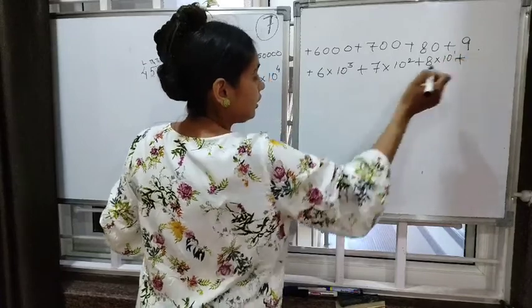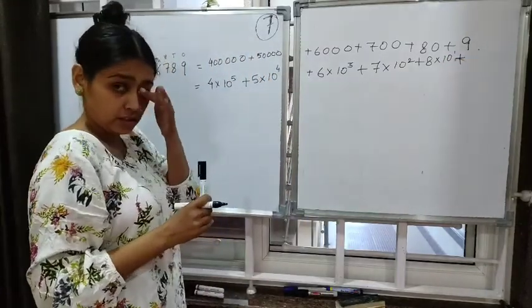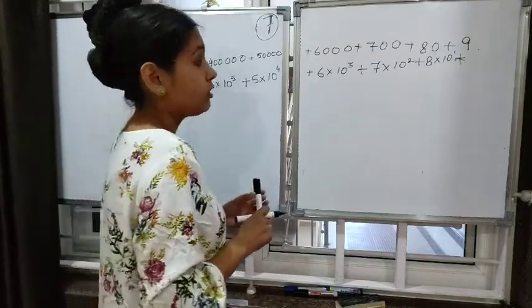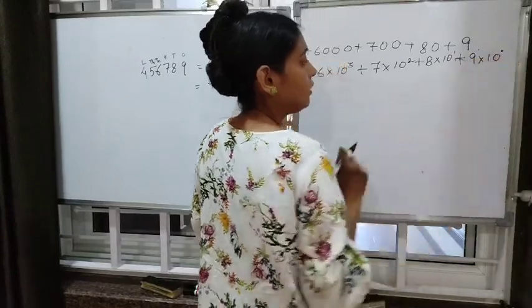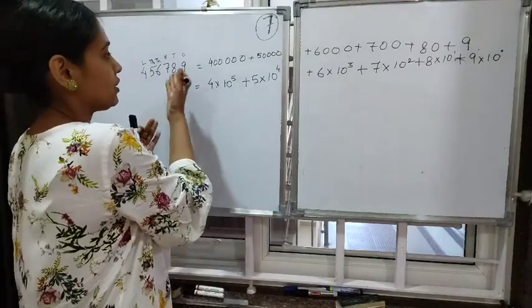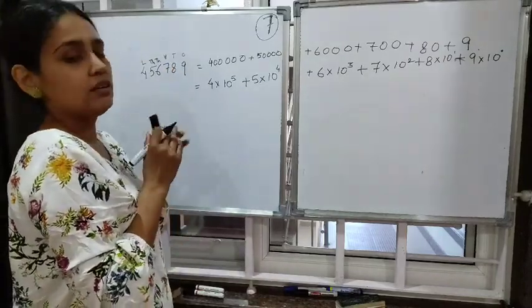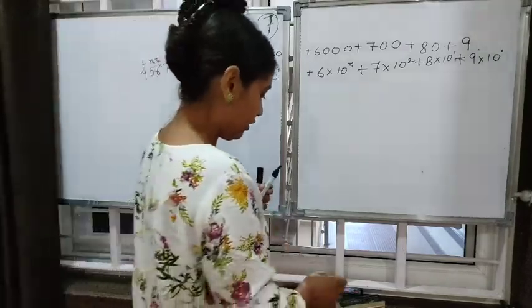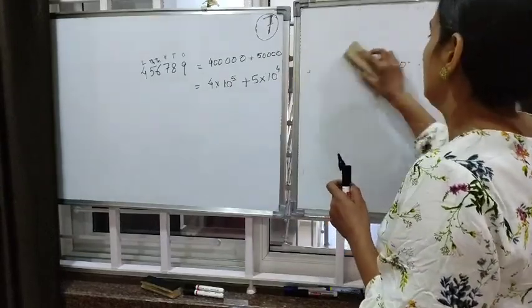And here 9 is alone, so we can write it as 9 into 10 raised to 0. This is how we can represent the expanded numbers in the form of exponents.